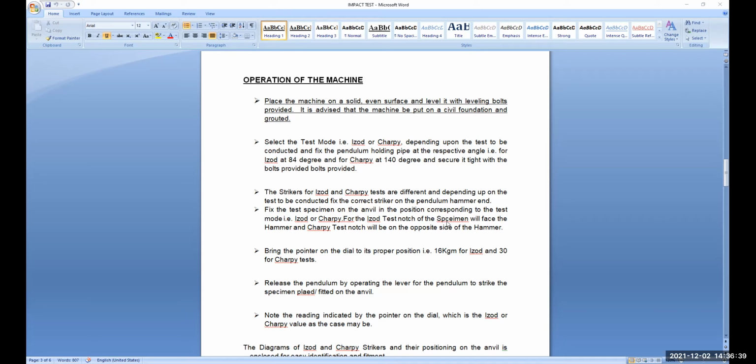First of all, we set the test piece. For Izod, it will be vertical on the vice, and it will be clamped on the vice. But for Charpy, it is horizontal and just placed on the anvil, not clamped. Now, bring the pointer on the dial to the proper position, that is 16 kg meter for Izod and 30 kg meter for Charpy.